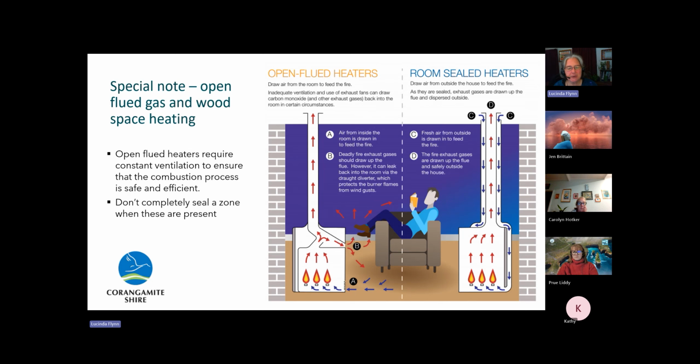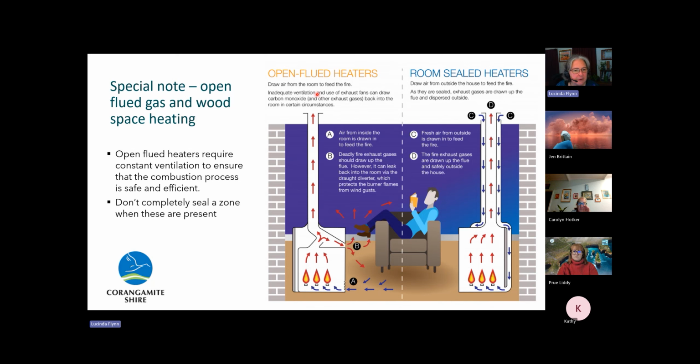The difference between the two is if you've got a room sealed heater, that's this one, it's designed so that it's getting its air to burn from outside, and then it's burning and all the combustion products are going outside. So it's actually completely sealed from the inside room. You're getting the heat, but you're not getting any air.